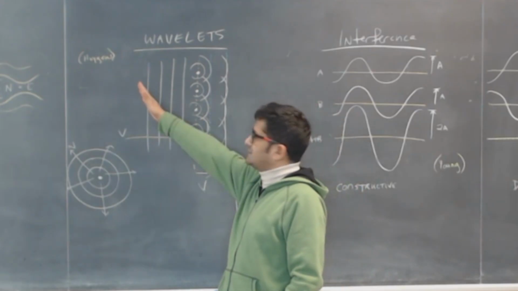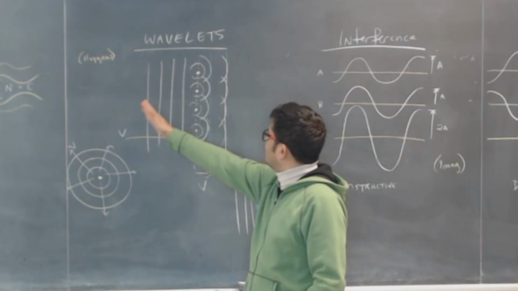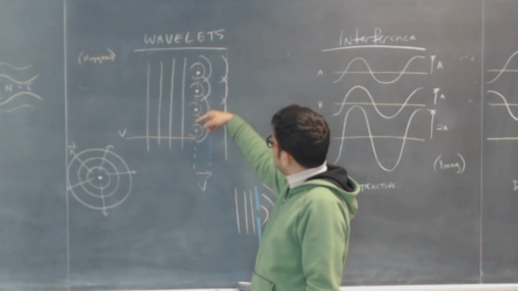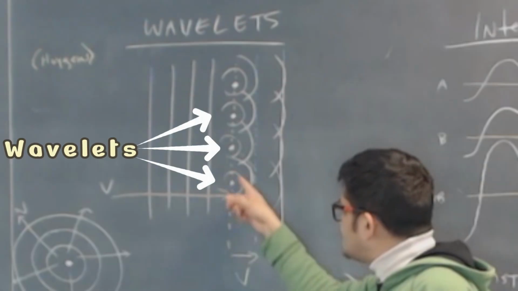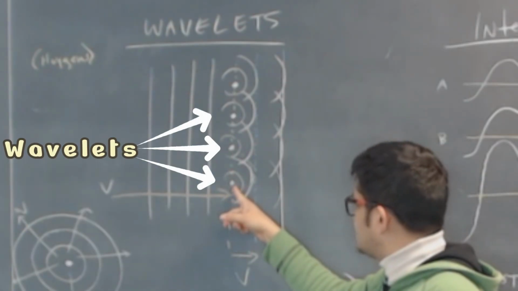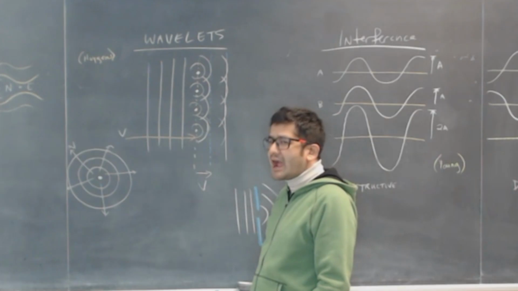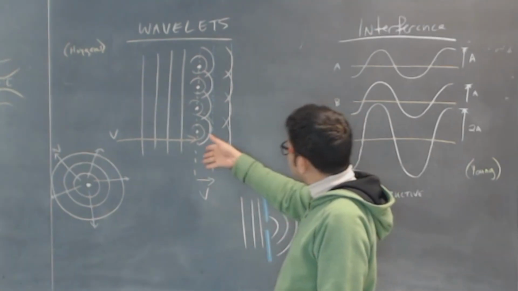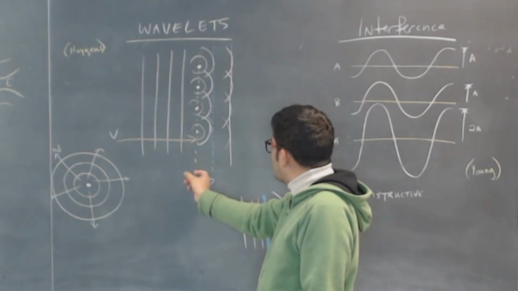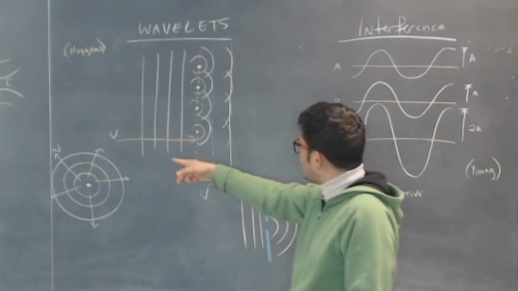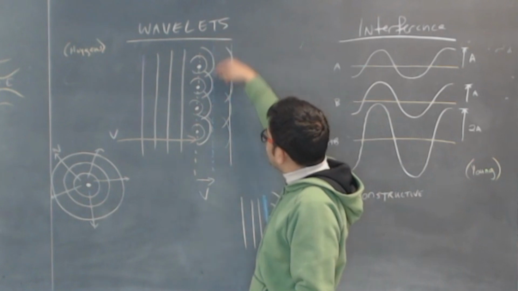Once the plane wave moves on, if we choose a point during the course of that plane wave, then this point can act as a point source. This type of point source moves with the same velocity of the wave front, and they will create a wave front.